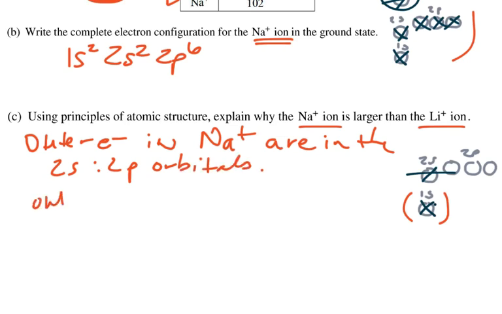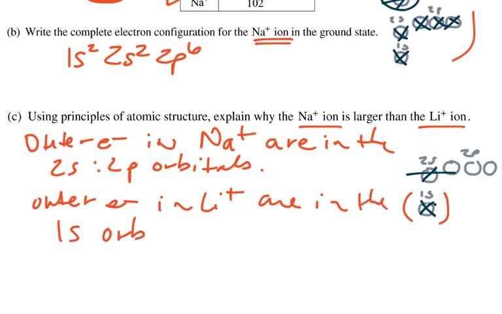The outer electrons in the lithium ion are in the 1s orbital. So we're talking about level 2, n equals 2, versus n equals 1.